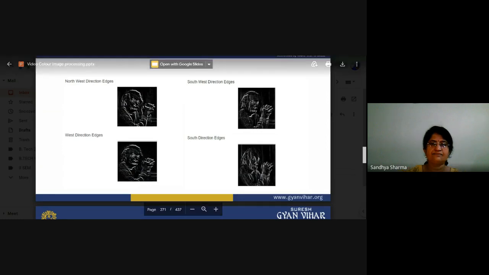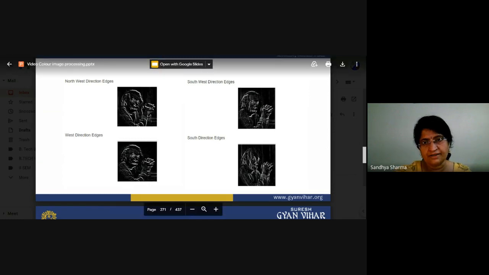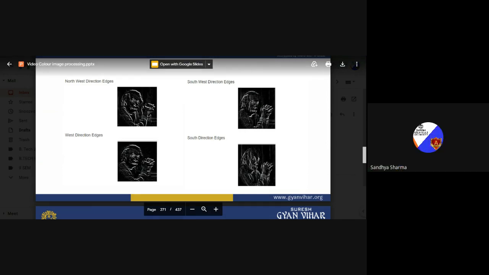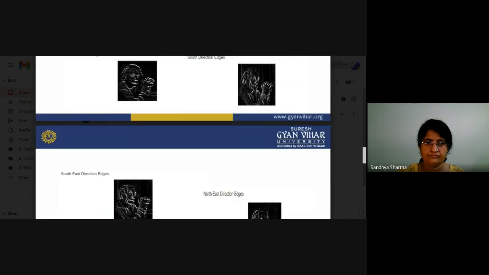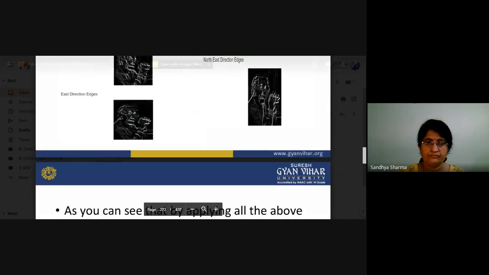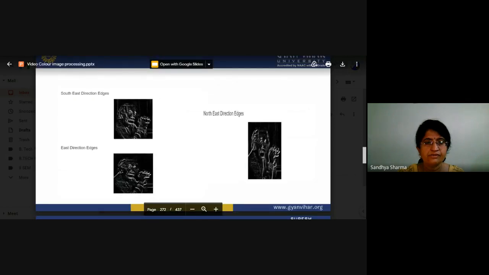You can see the reflections: northwest direction edges, southwest direction edges, west direction edges, south direction edges, southeast direction, east, only east directions, and northeast directions.